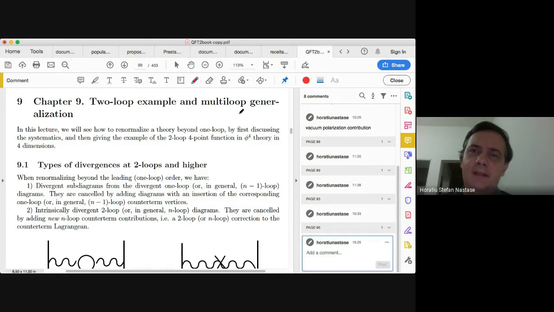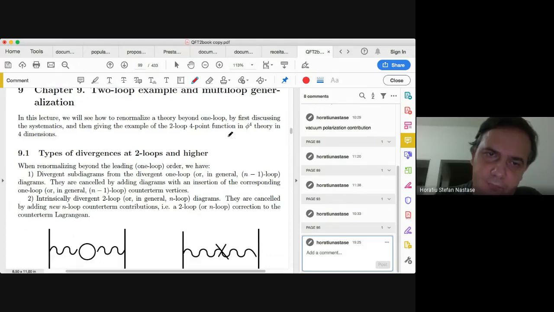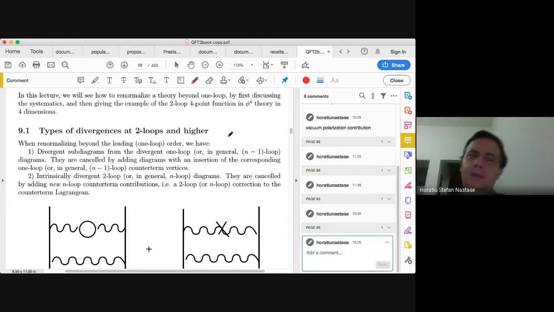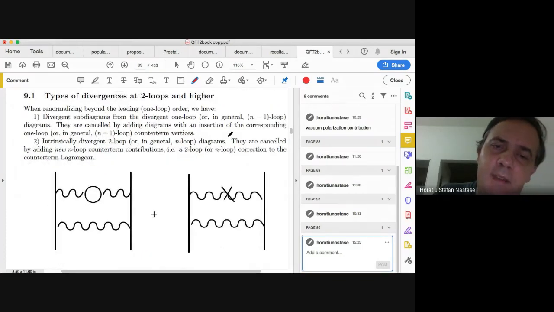It's very simple, so it lacks some of the features of the other ones. So first of all, we have to understand what kind of diagrams we can have. What kind of divergent diagrams can we have?